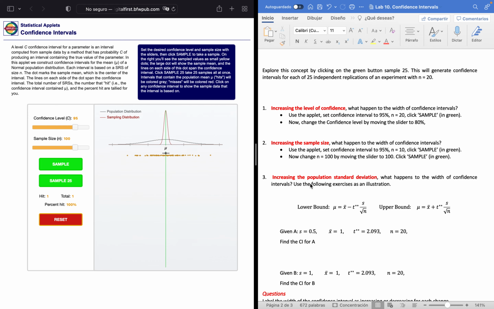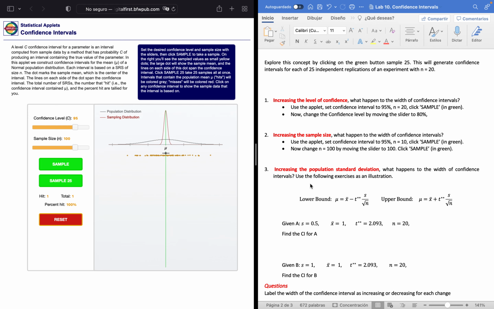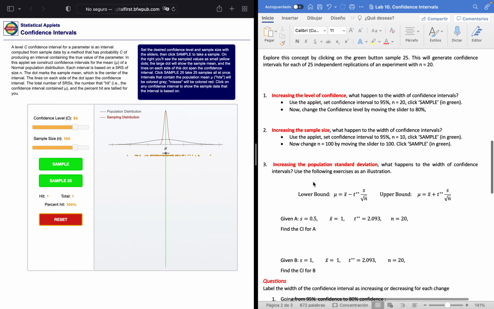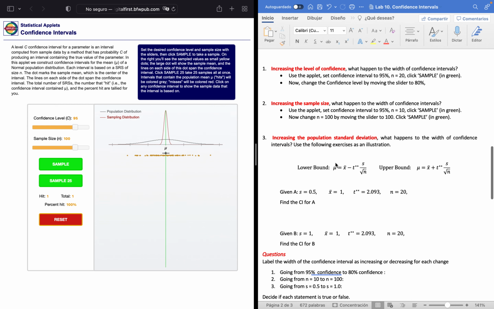Now, increasing the population standard deviation, what happens to the width of the confidence interval? Use the following exercises as an illustration. All right, so we have to use this formula.